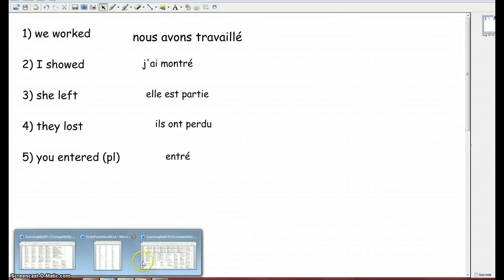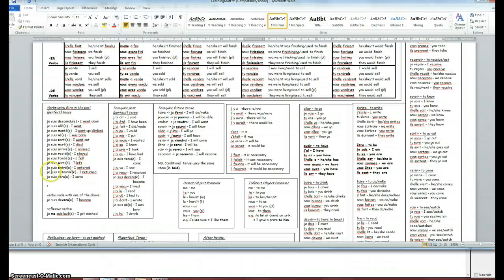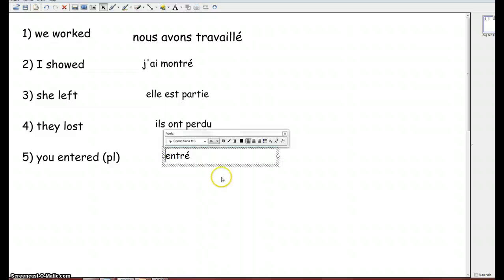Now we need the auxiliary verb. We're reminded that it's the U form of je suis, which is over here with our être in the present tense. We've got two U's, tu and vous, but we remember it said plural, so we need the vous form, vous êtes. And we need to make sure that we don't forget the circumflex.